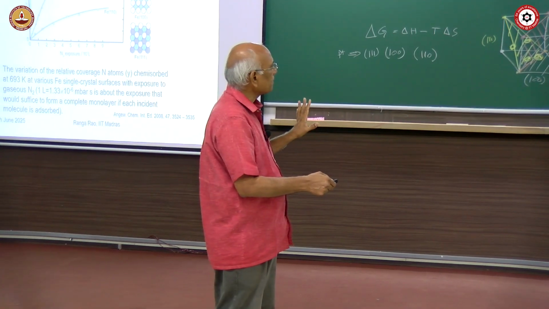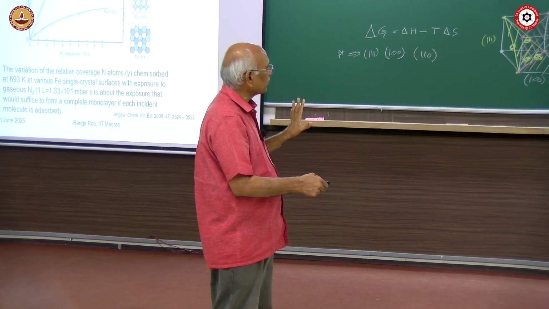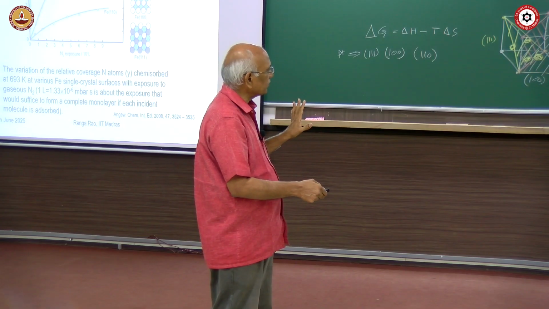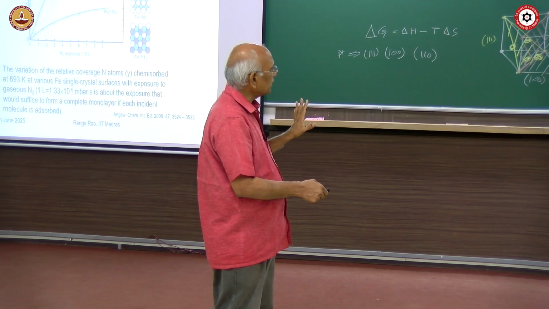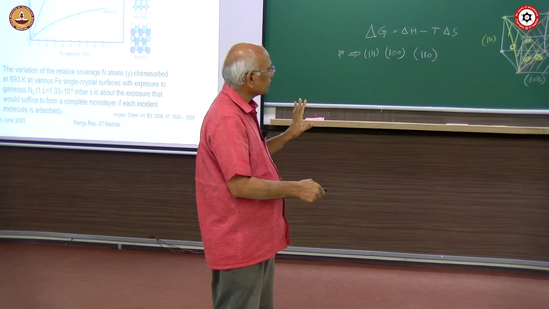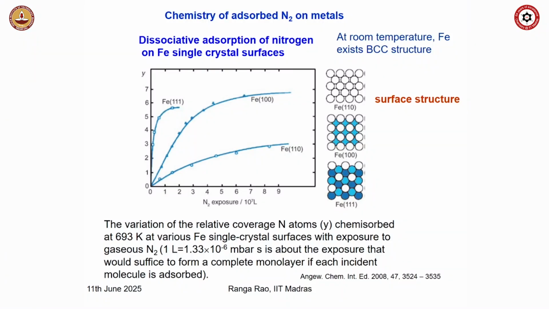The result is, when they use the Fe111 plane, Fe100, and Fe110, they studied the amount of coverage of nitrogen atoms, shown on the y-axis here, chemisorbed at 693 Kelvin on single crystal surfaces exposed to nitrogen.